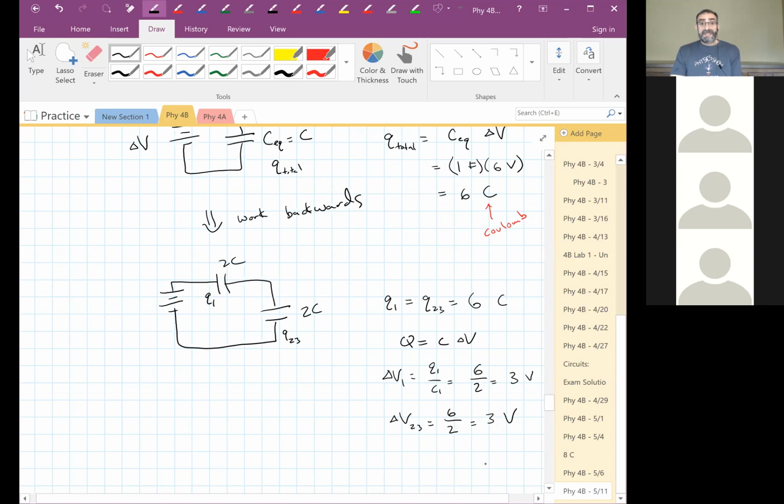In this case, we knew it had to be the same because the two capacitors are the same. We had a 2C here and a 2C here.